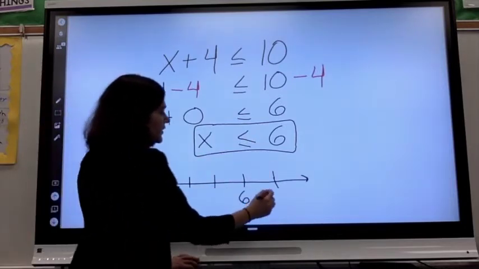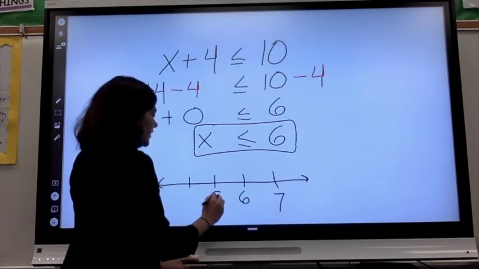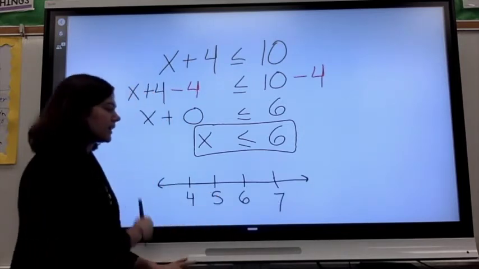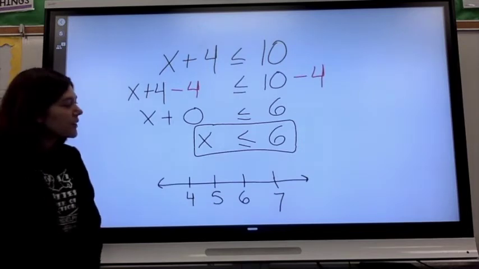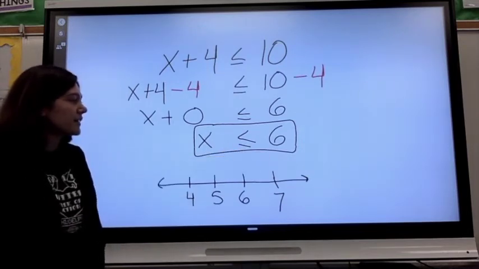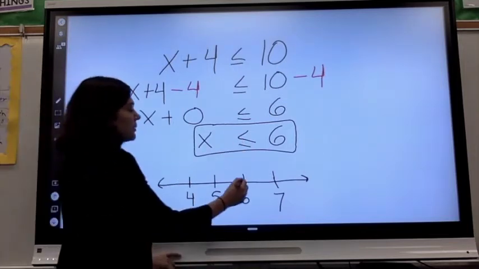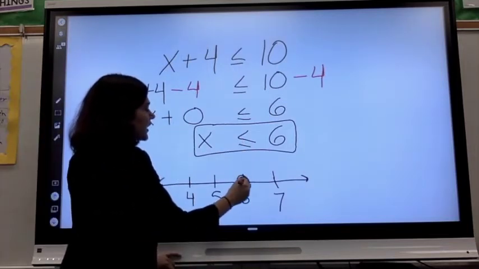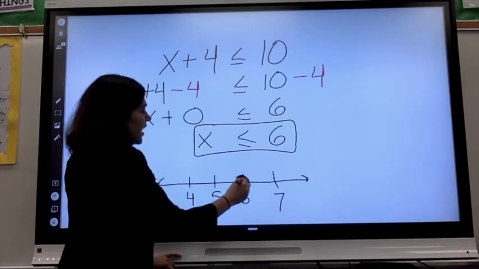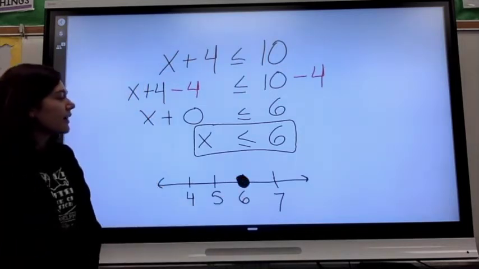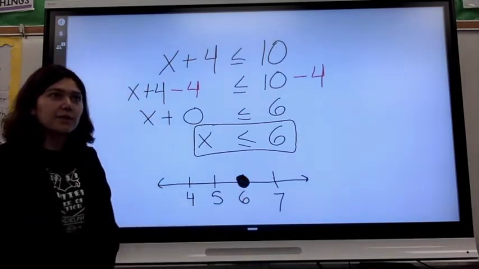To the right of 6 I have 7, to the left of 6 I have 5, 4, and it's going off. So if x is less than or equal to 6, my less than or equal to sign means I'm going to put a closed point at 6.